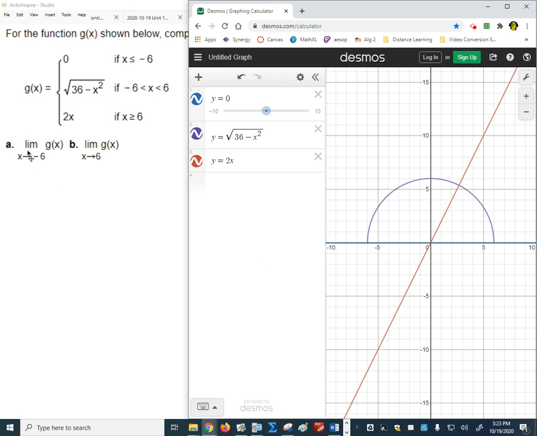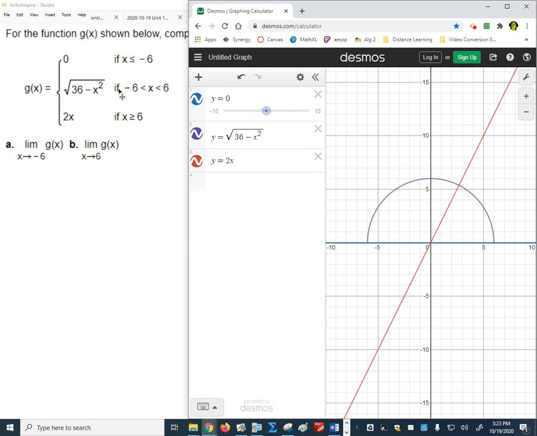We want to know what's the limit of g of x as x approaches negative 6. Well, negative 6 is on the boundary between this behavior and this behavior, right?